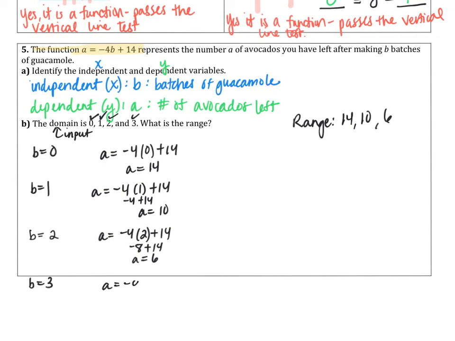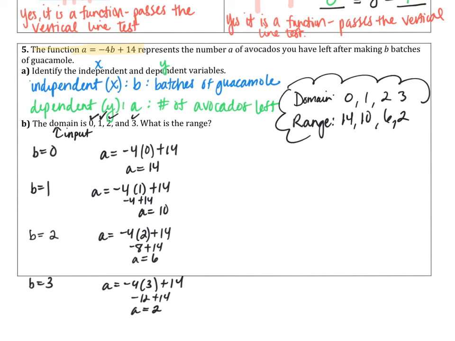A equals -4 times 3 plus 14, -12 plus 14. A is 2. Awesome. So for my domain of 0, 1, 2, and 3, I have my range.